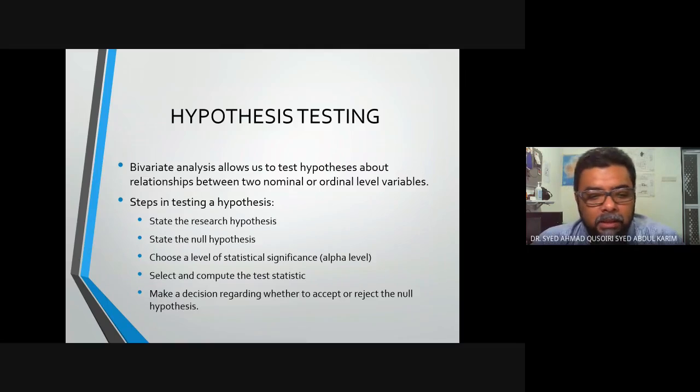So it's always about accepting or rejecting the null hypothesis. If they accept the null hypothesis, they will reject the research hypothesis. On the other hand, if they reject the null hypothesis, then the researcher would have to accept the research hypothesis.